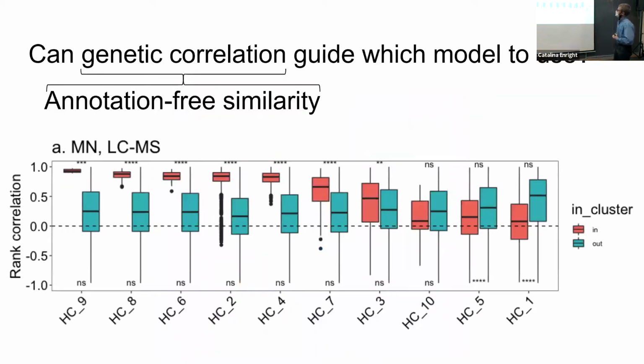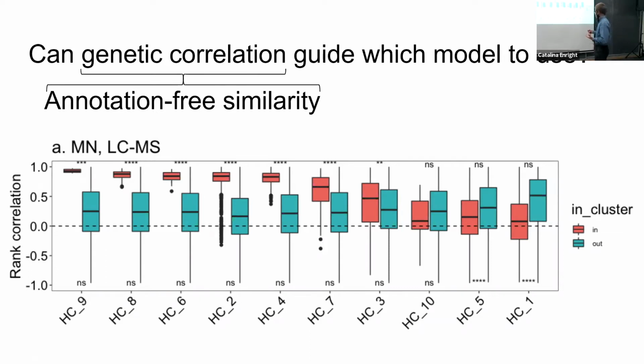And then the last thing Lauren has done is use an annotation-free similarity of the different metabolites. That's just simply in the discovery panel, what is the genetic correlation in the amounts of this metabolite? And so she calculates the genetic correlations. She uses that big correlation matrix to do a hierarchical clustering, arbitrarily splits it out into 10 groups.